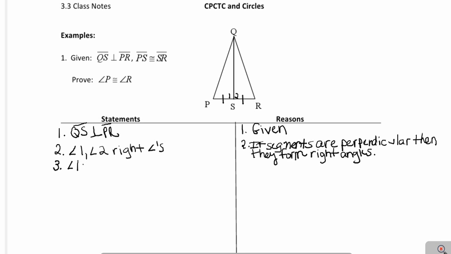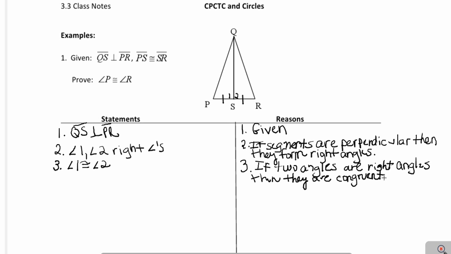The next conclusion we can make from that is that those two right angles are congruent. So statement number 3 would say angle 1 is congruent to angle 2, and this goes back to a reason we learned in chapter 1. If two angles are right angles, then they are congruent.